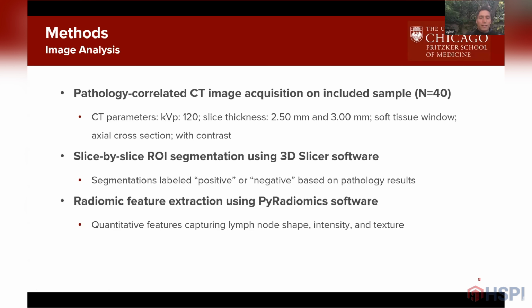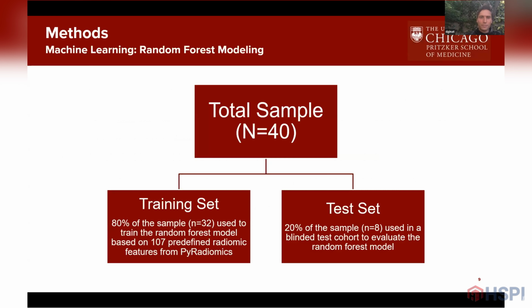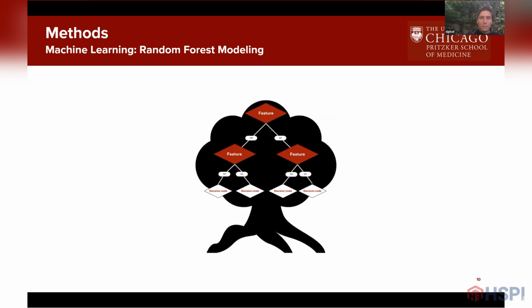And basically, we had the two groups of lymph nodes labeled as positive or negative based on the pathology. And we extracted radiomic features using radiomics software. And so we had a training set of 32 cases, so basically 80% of the sample, and the rest were used for testing as part of this random forest model, which basically uses decision trees based on a data set that's sampled randomly.